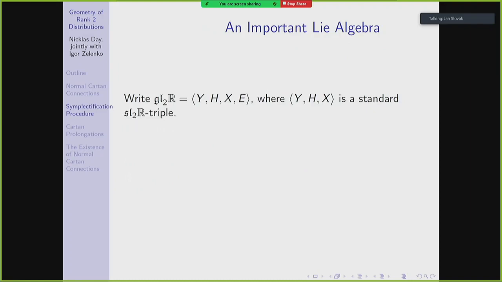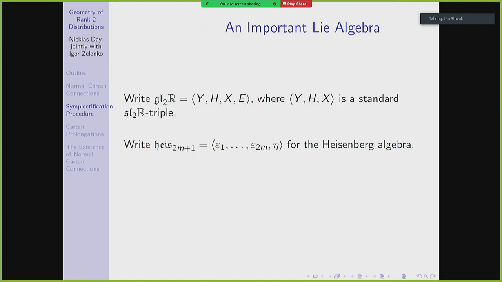Okay, so before I give a summary of the symplectification procedure of Dubrov and Zelenko, I'd like to fix notation for a certain algebra. I'll be using h, x, e, and y for GL2, and y, h, and x are going to be an SL2 triple in that. And then epsilons and eta will denote the Heisenberg algebra.